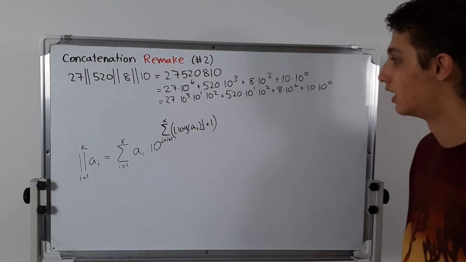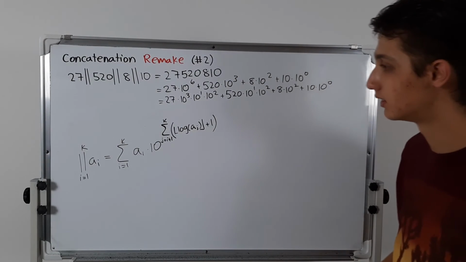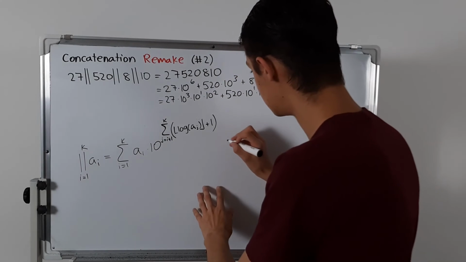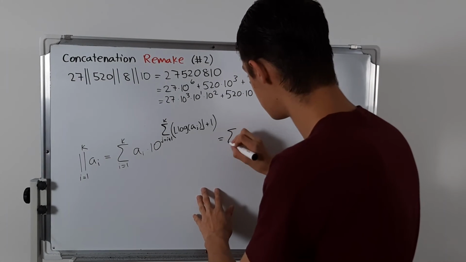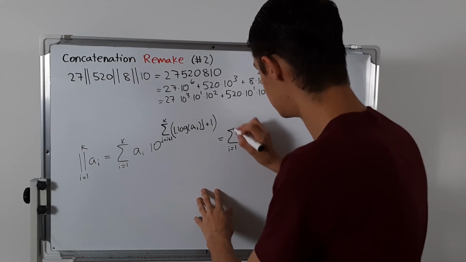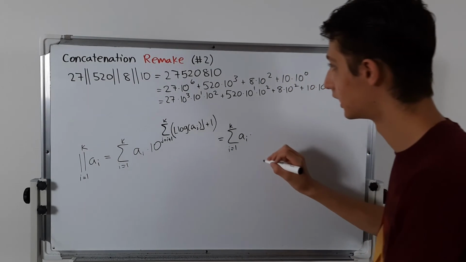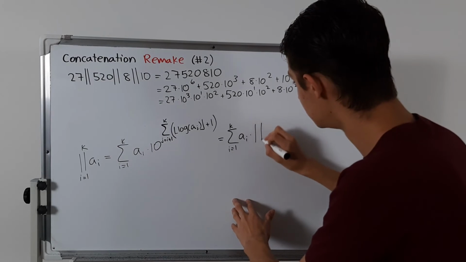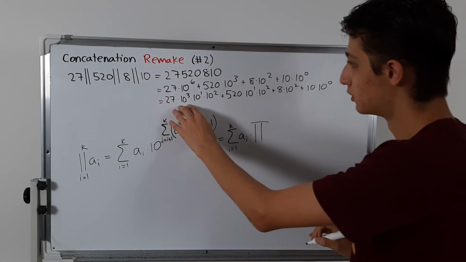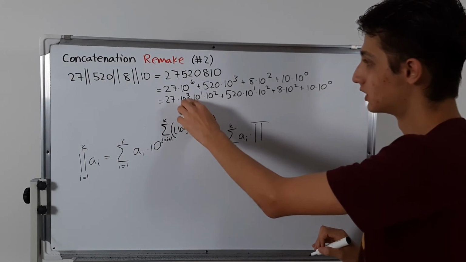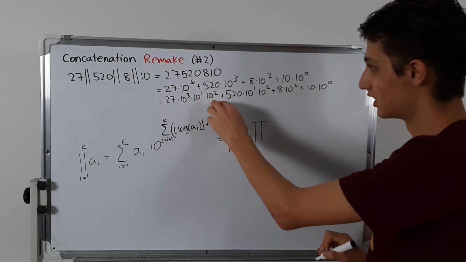So this way, you can see that another way to say this is that we are going to be summing up from i equals 1 to k of a sub i, but then we're going to be multiplying by the product. We're going to be taking the product of each of these, 10 to the number of digits here, times 10 to the number of digits here, and so on.